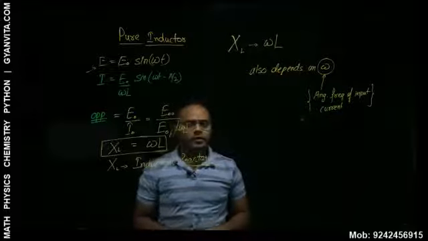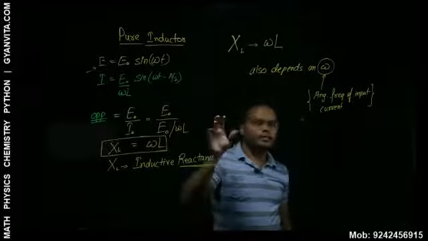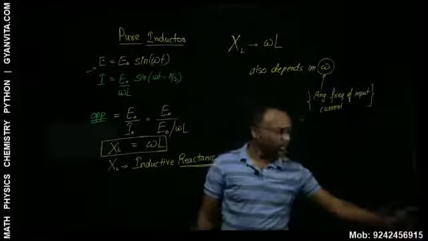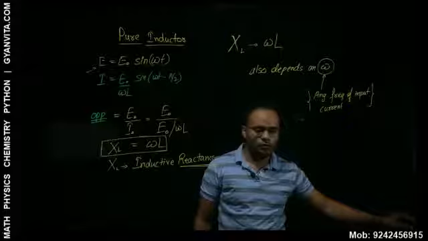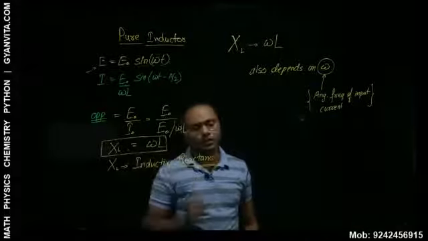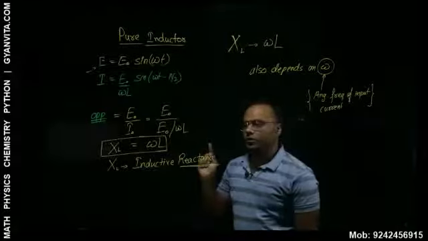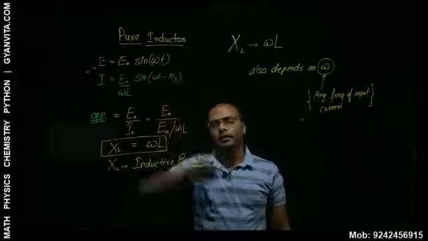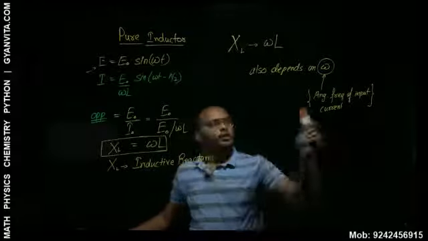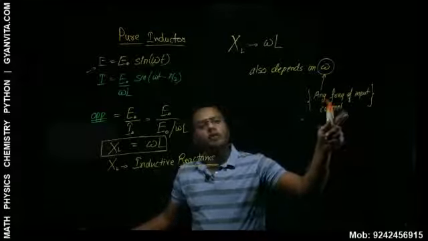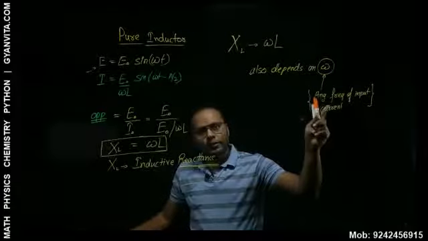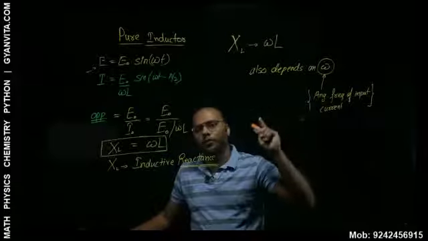So even if there is a change in the input source of EMF, the opposition will change. The opposition offered by the inductor does not depend only on the inductor, but on the frequency of the input current or input EMF.